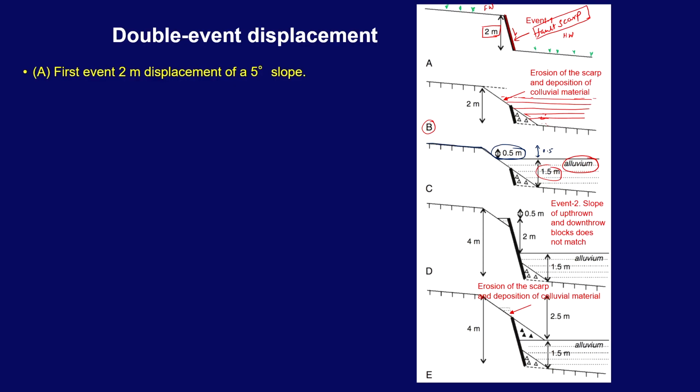Now, when you have the second event, event 2, then you will see that the event will definitely take place on the same fault. So, now the second event has resulted in a displacement of almost 2 meters here.